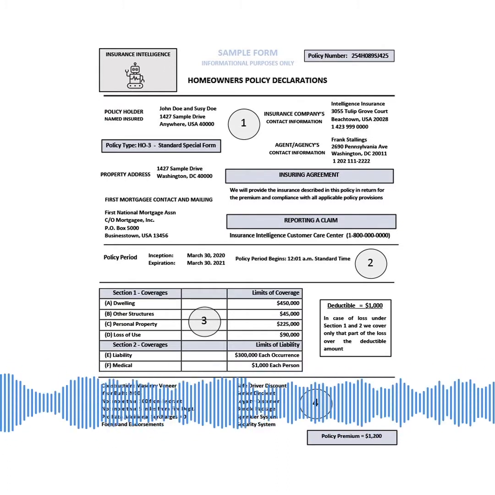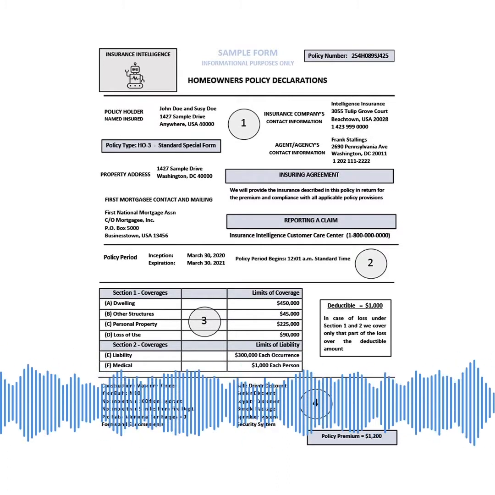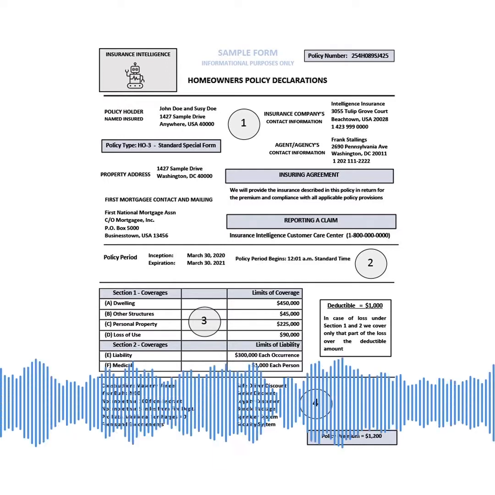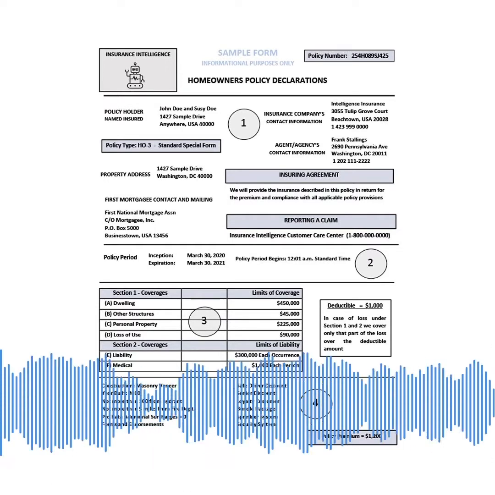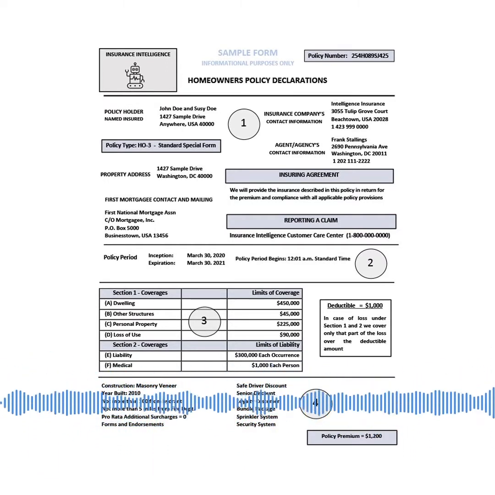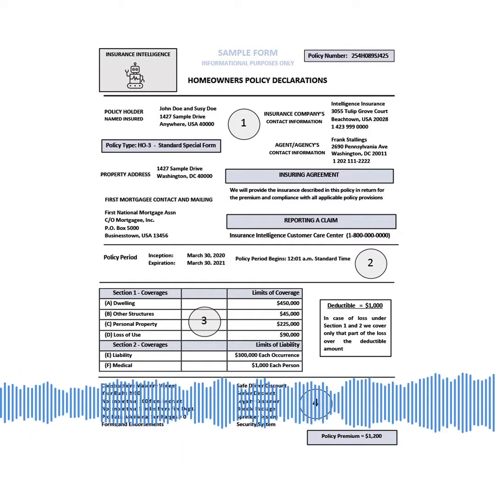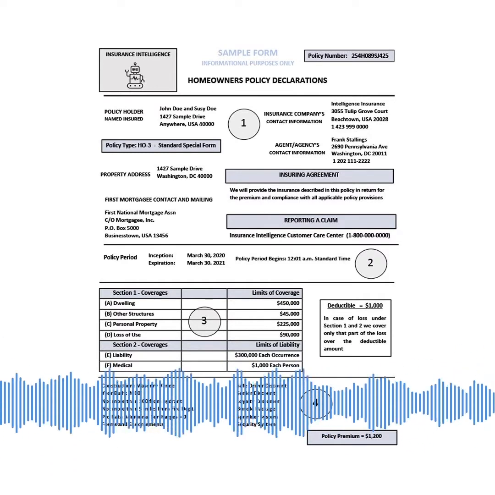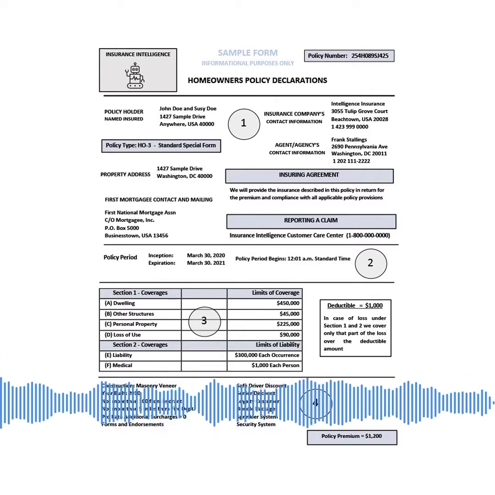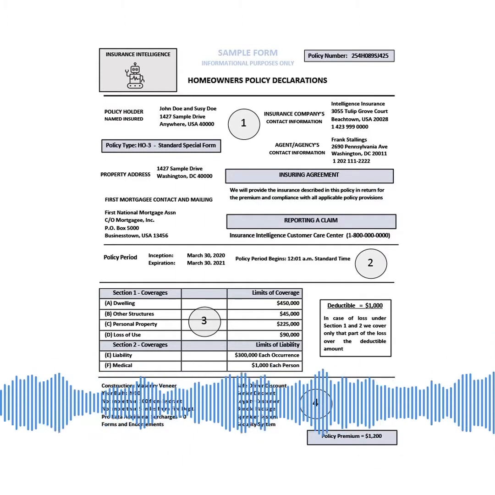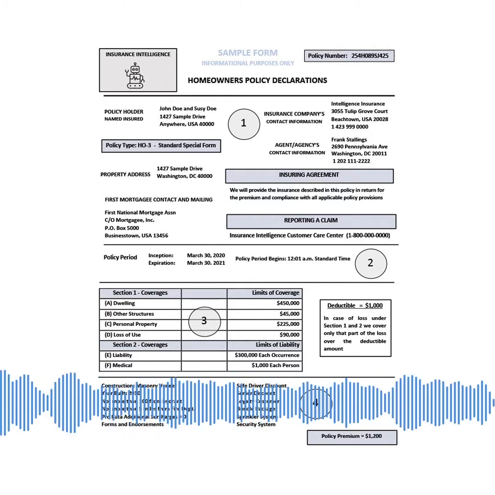This liability protection will cover the cost of medical payments if someone gets hurt on your property and files a claim. Coverages A, B, C, D, E, and F will list the total amount the insurer will pay for a loss. This is the limit of coverage, and the portion you will pay after a loss is your deductible.